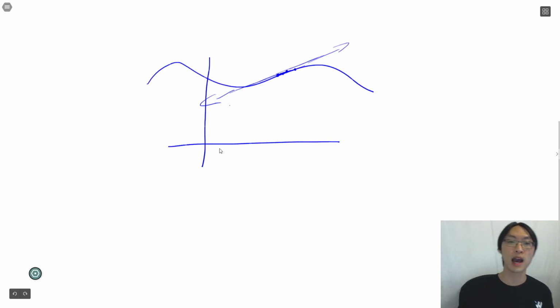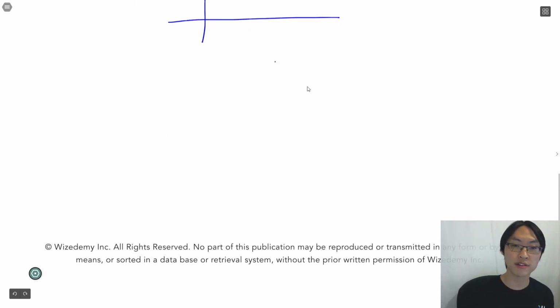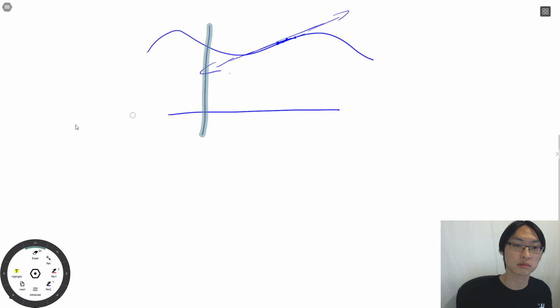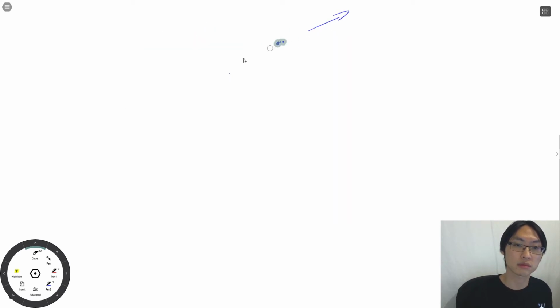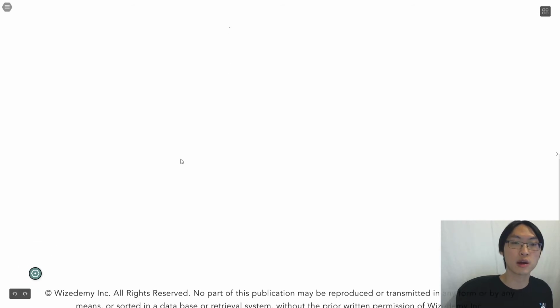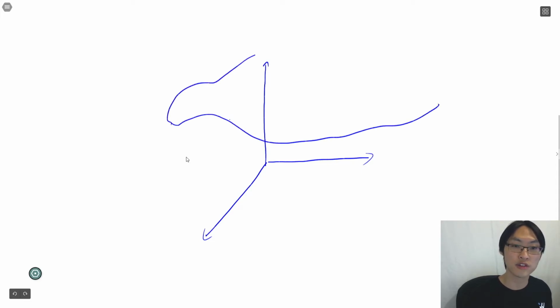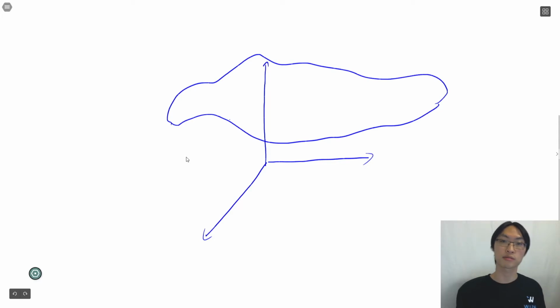However, when we have a three-dimensional space, so let me make this a little better, the problem is that we can have really weird kinds of surfaces like this, right?